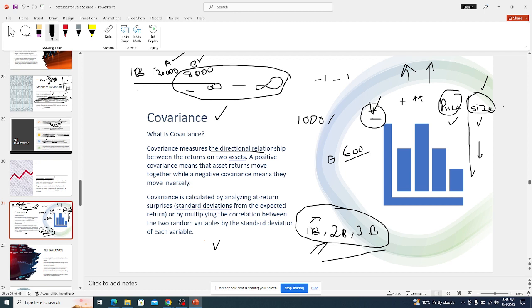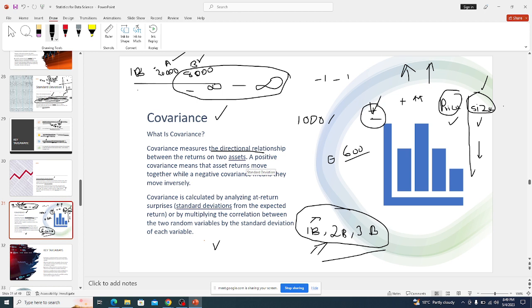Maybe you can go and try and check one example. A change in one variable will affect the other variable in the opposite way.